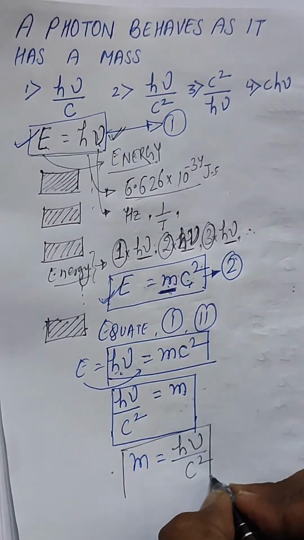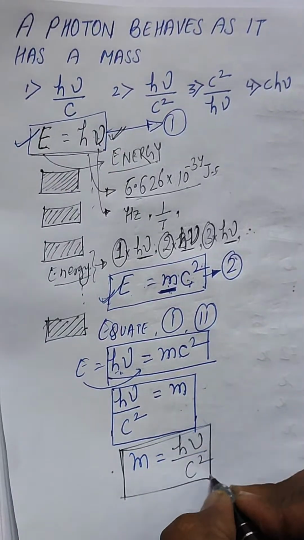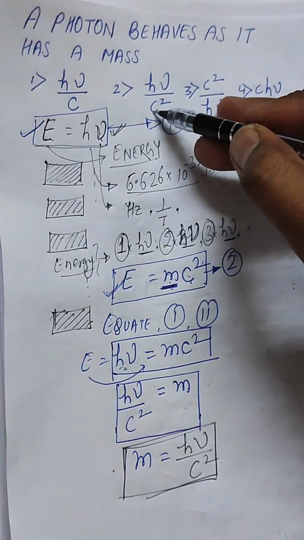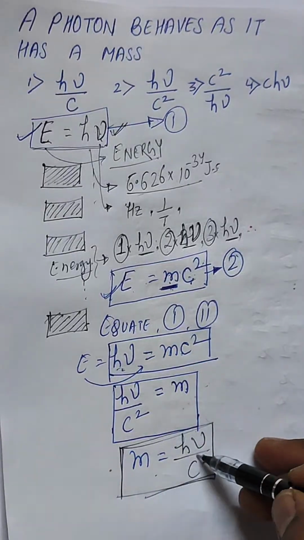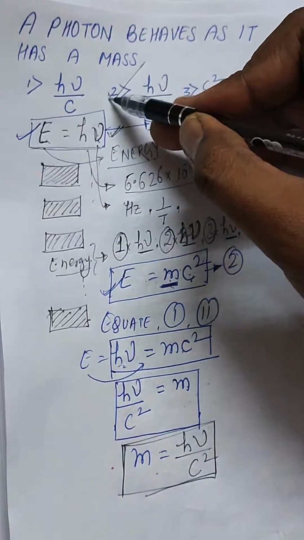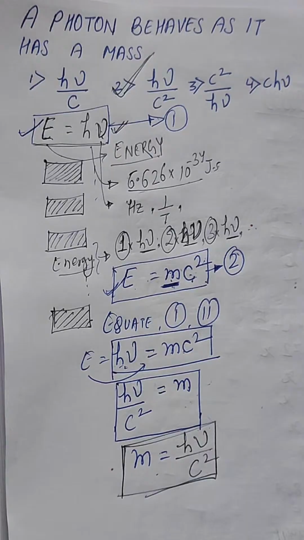So m is equal to h mu by c square. Which option is this? Option number second. So the mass of that photon will be equal to h mu by c square.